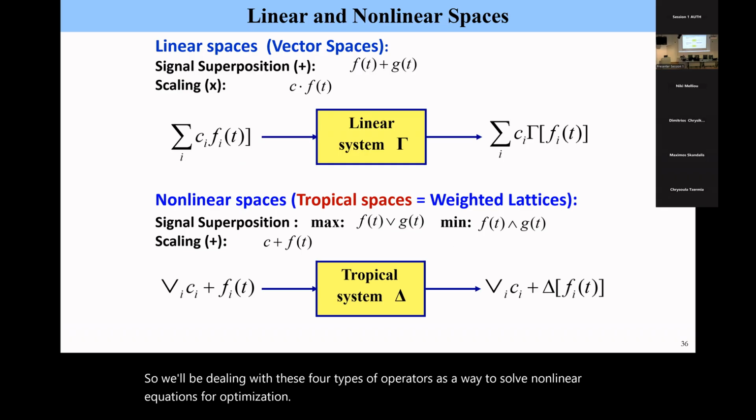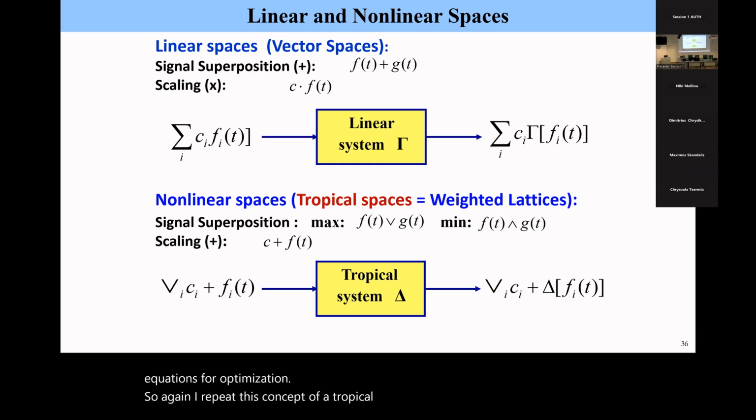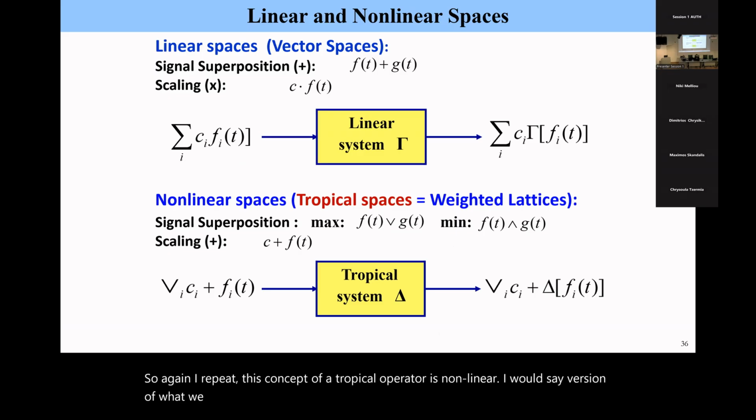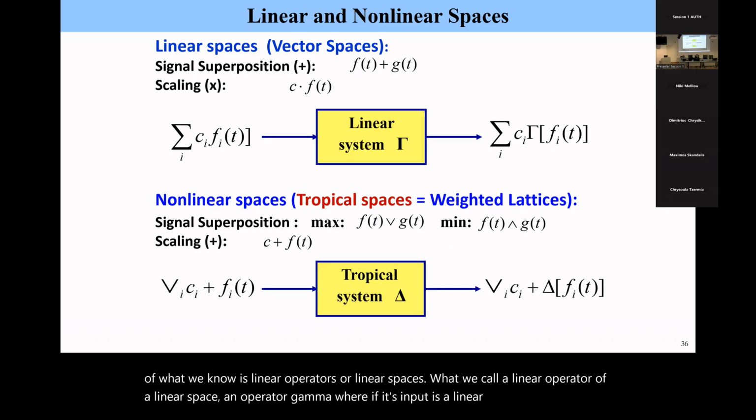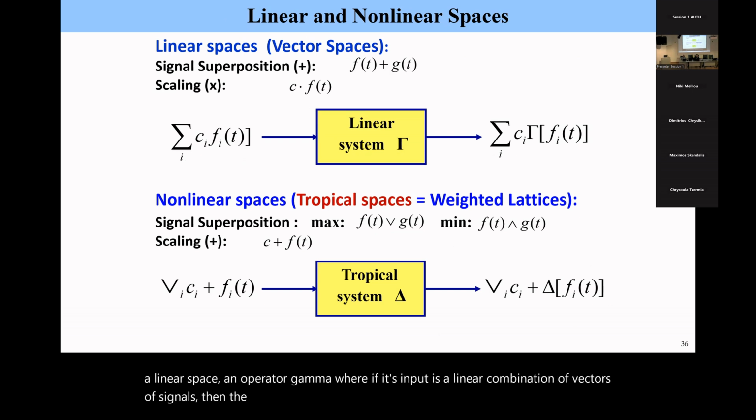So again, I repeat, this concept of a tropical operator is a nonlinear, I would say, version of what we know as linear operators on linear spaces. What we call a linear operator in a linear space? An operator gamma, where if its input is a linear combination of vectors or signals, then the output is the same linear combination of the individual outputs.